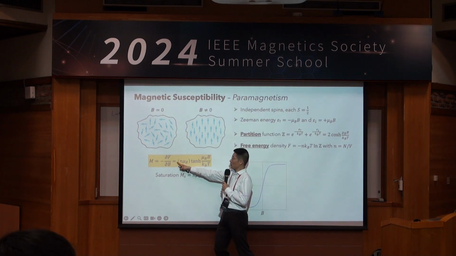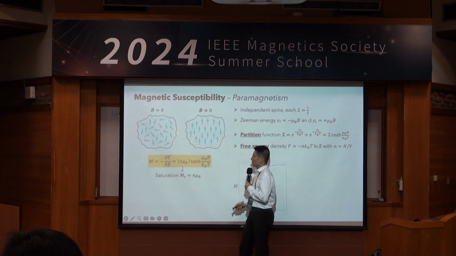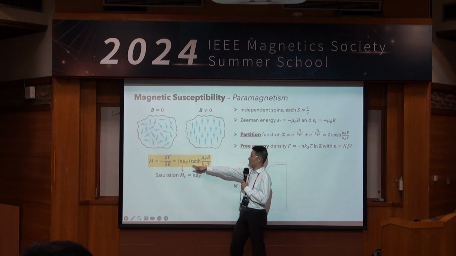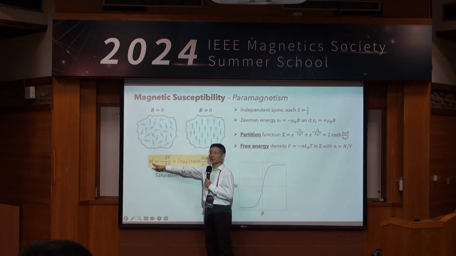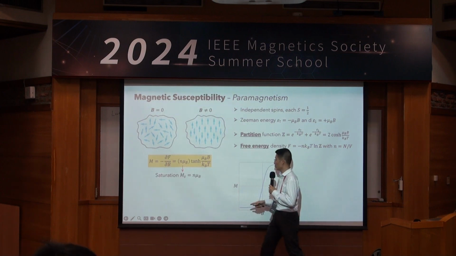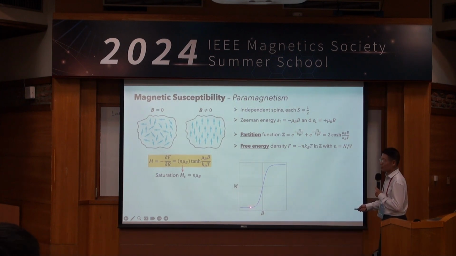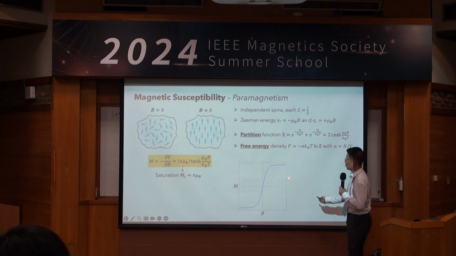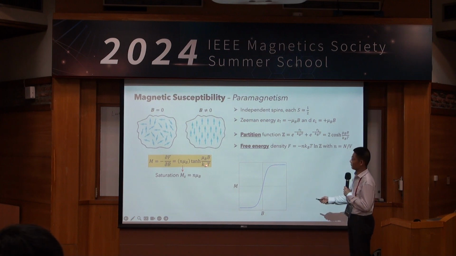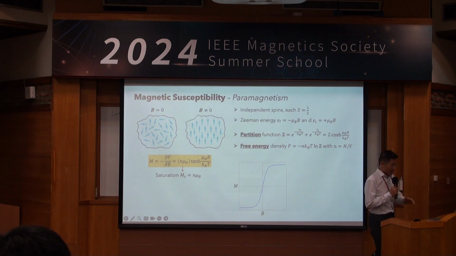The front coefficient is the maximum possible value that M could practically take, because the tangent function will eventually saturate. So this simply reproduces the phenomenological definition on the previous slides. So there's an analytical expression for the curve, which is simply a tangent function.